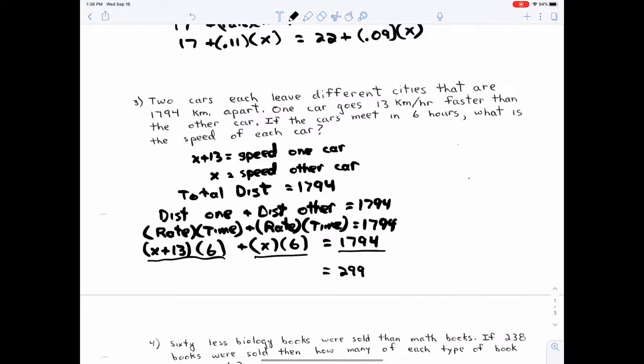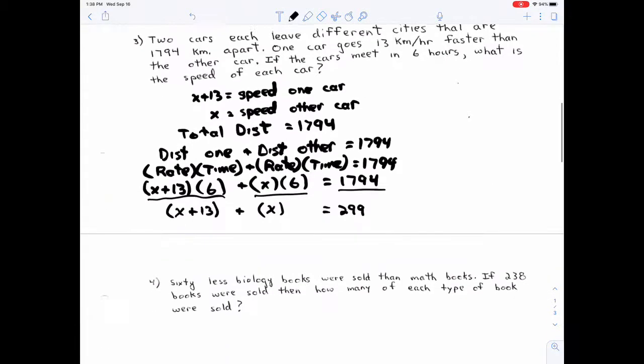And then if I divide these by 6, I get X plus 13, and this would be X. And that's a lot easier to solve than the one with all the big numbers. Okay, but the basic idea is still the same.